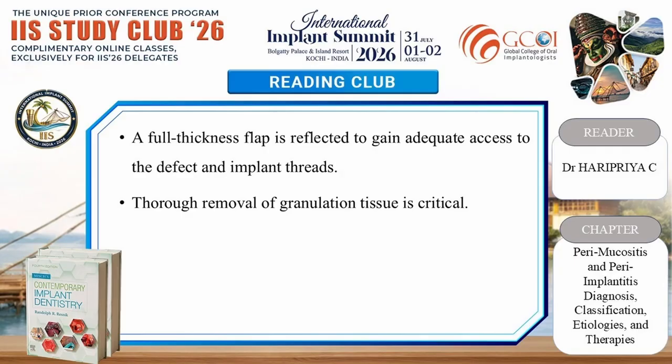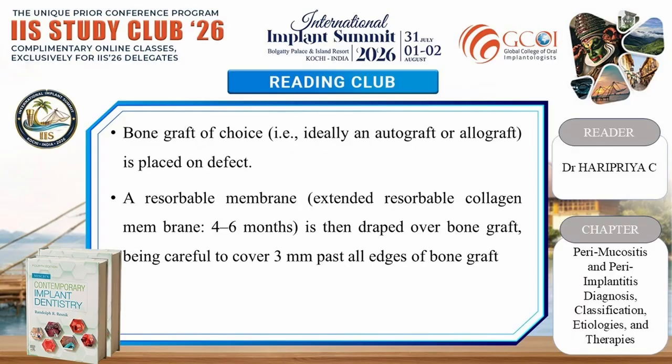A full thickness flap is reflected to gain adequate access to the defect and implant threads. Thorough removal of granulation tissue is critical. Bone graft of choice, that is ideally an autograft or allograft, is placed on the defect. A resorbable membrane is then draped over the bone graft, being careful to cover 3 mm past all edges of the bone graft.